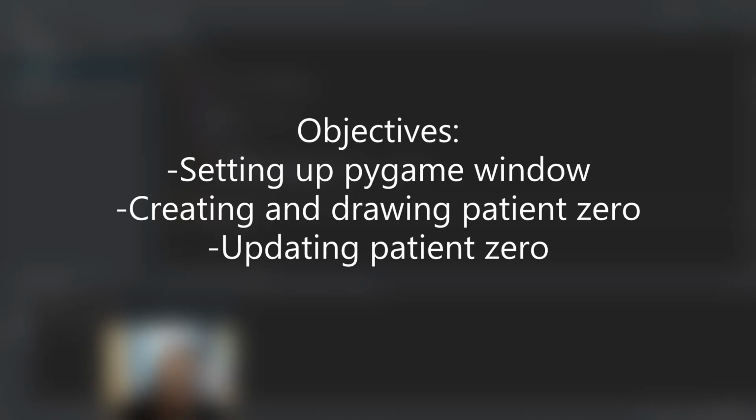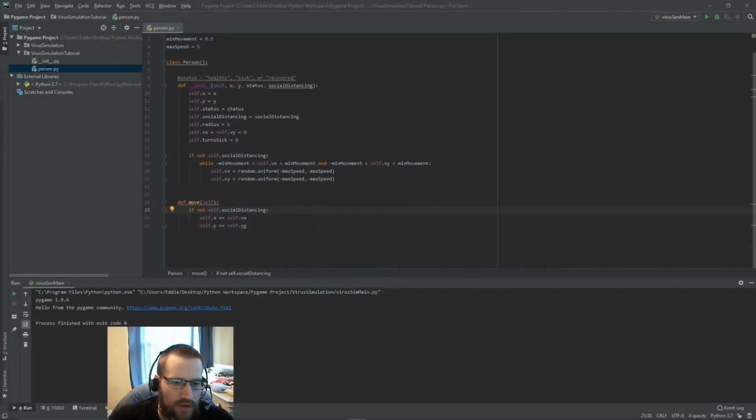Some things we're going to do in this video. I'm going to first start with a draw function in the person class, which will draw a circle. An update function, which in this case is just going to call the move function and update turn sick. And then in the main class, we're going to create a main function where we set up the pygame window.